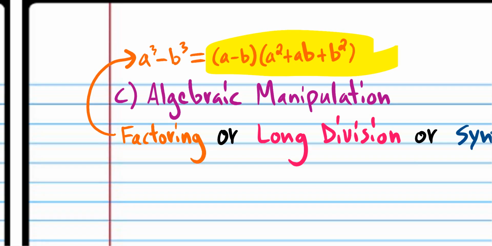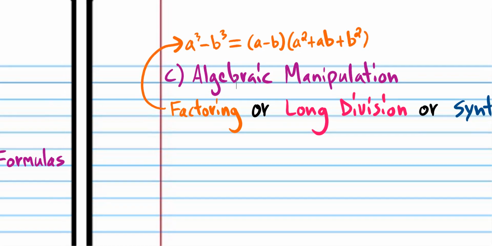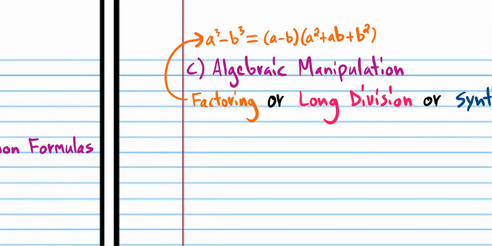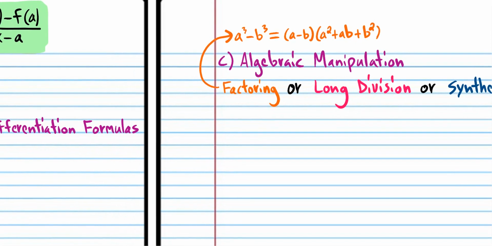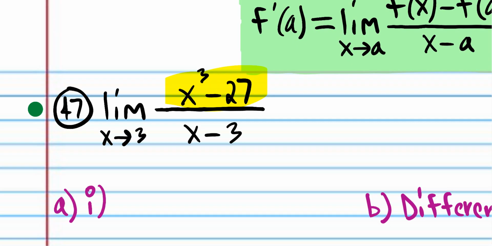We don't usually use that formula. It's not very common, but technically you're expected to know it, even though no student really remembers that. We went over that earlier in this course. So you can factor the difference of two cubes, or you can divide this expression by this expression using long division.